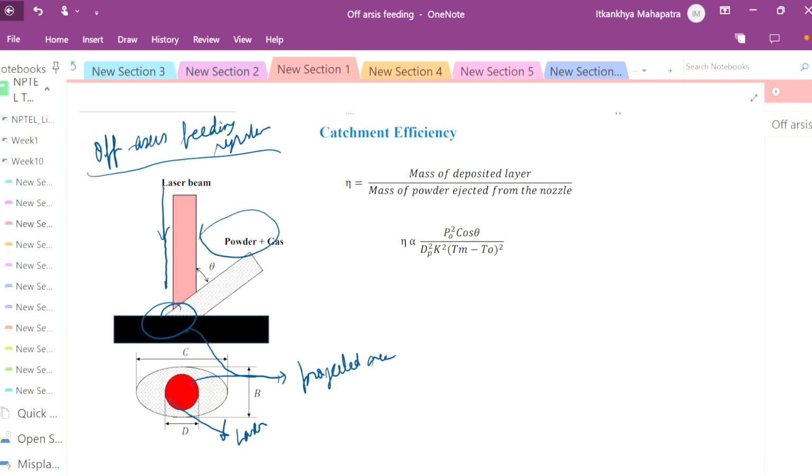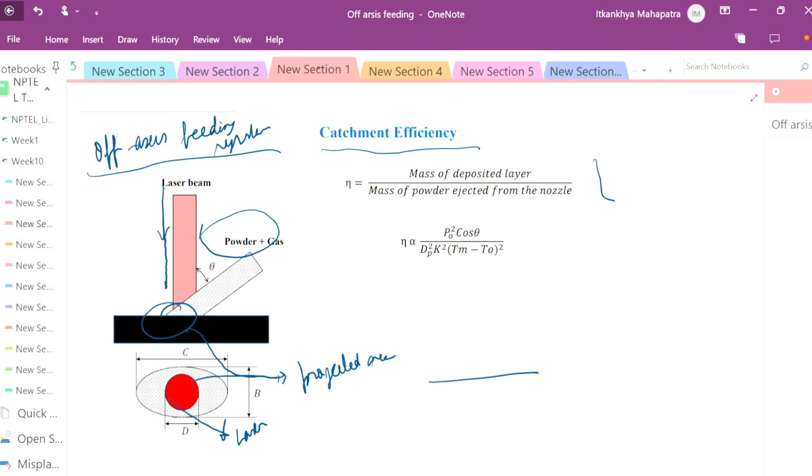Now, some questions are related to the catchment efficiency. What is the catchment efficiency? We'll discuss. It is the ratio of the mass of the deposited layer to the mass of powder ejected from the nozzle.